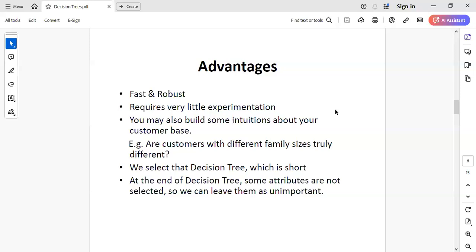At the end, in a decision tree, some attributes are not selected, so we can leave them as unimportant. What do we mean by that? When we are building a model, we may start with 40 independent attributes, but the model will come up and say that 40 are not at all required.